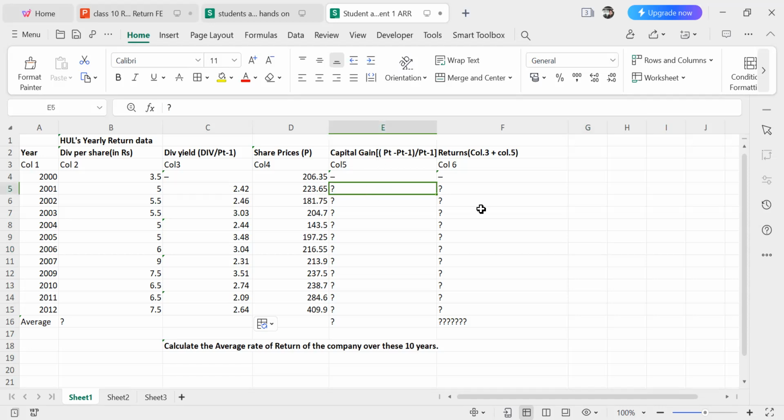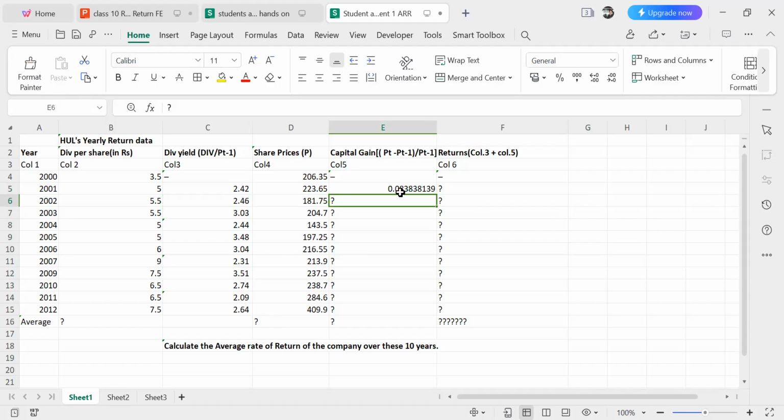Capital gain or loss, you know the formula. Formula is what? Your share price in the current year minus share price in the previous year. Put that into a bracket. Whole divided by your share price of the previous year is what you get as your this one.